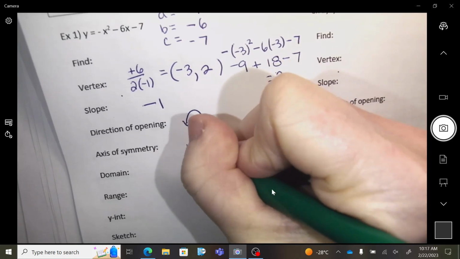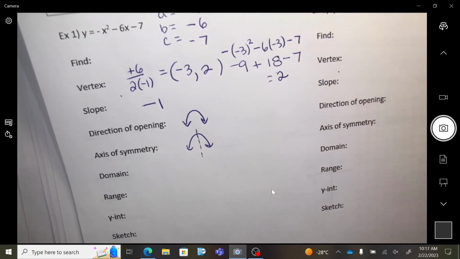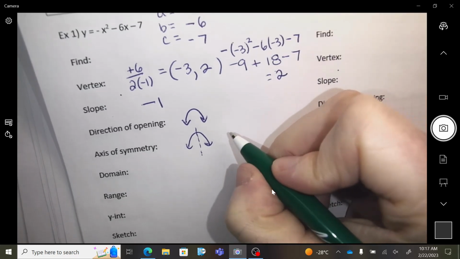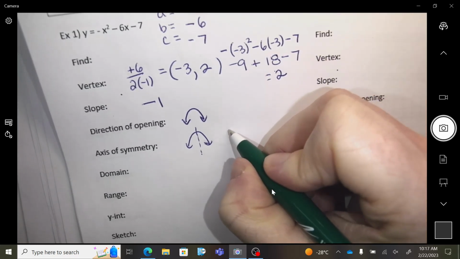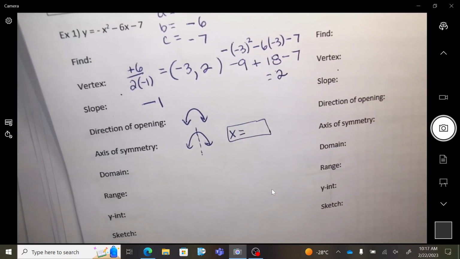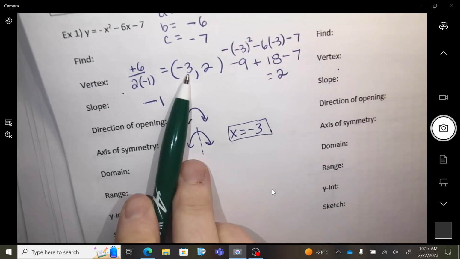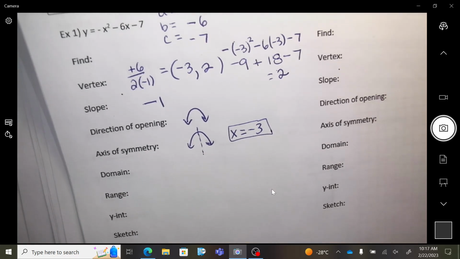What's the axis of symmetry? What's this cutting line? How do I write that? What does it always start with? x equals, and what number does x go through? What do we cut through? Negative 3. We cut through negative 3.